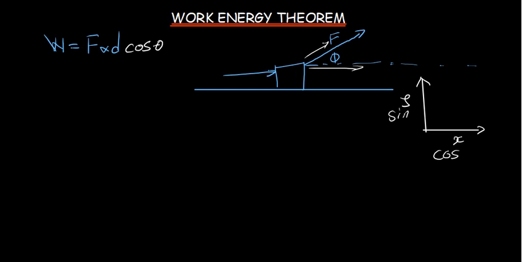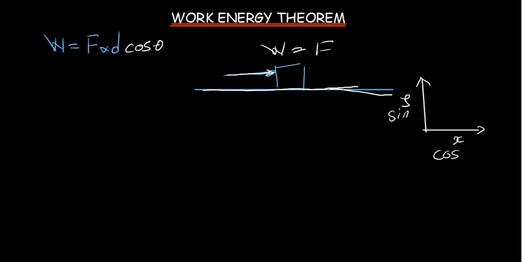Seeing this in this manner is going to help us a lot, because if we are pushing in this direction, the force is being applied parallel to the horizontal surface, meaning the work is being done, because the force is going in this direction and the distance is also going in that direction.